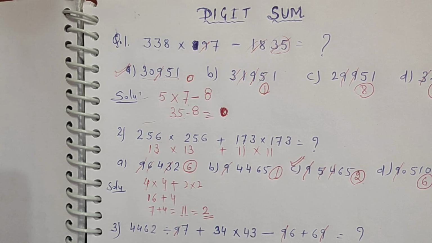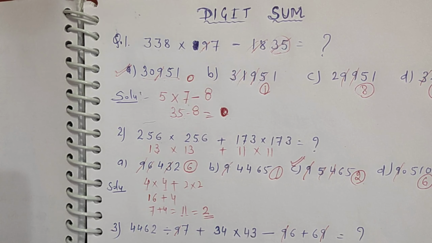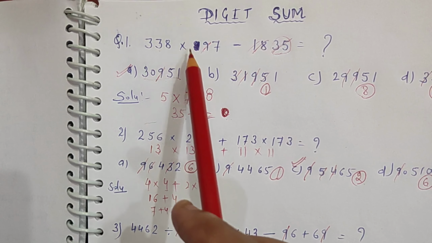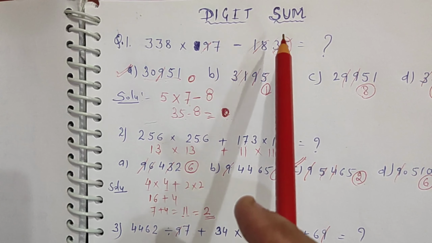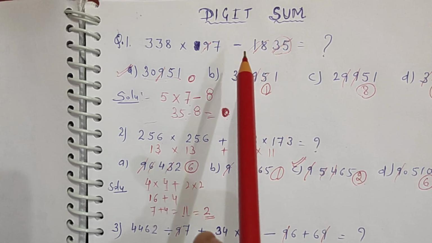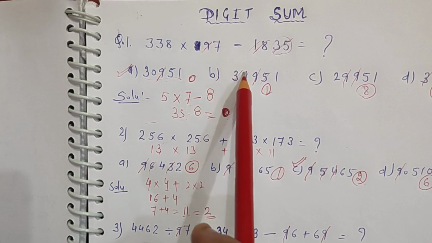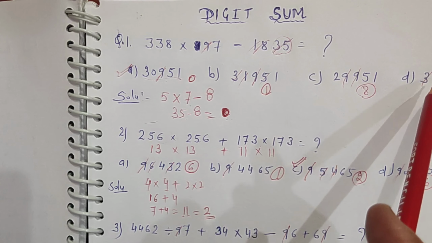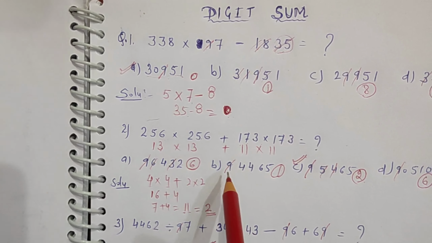And we are using this concept to solve the complicated sums. And what is the method? As explained, first of all, find the digit sum of all these numbers, and then find the digit sum of the given options.